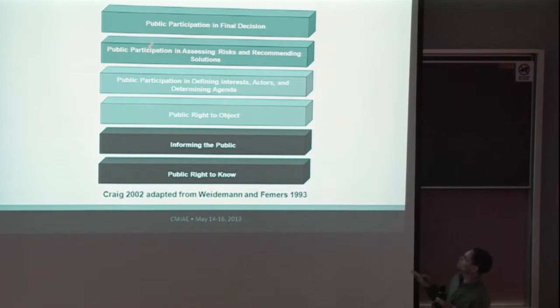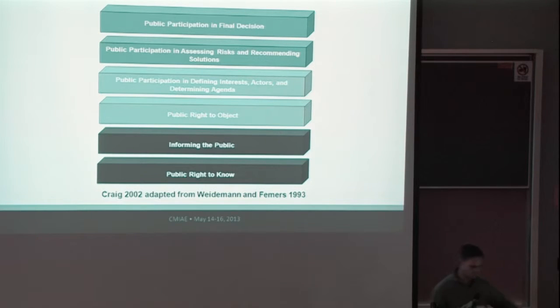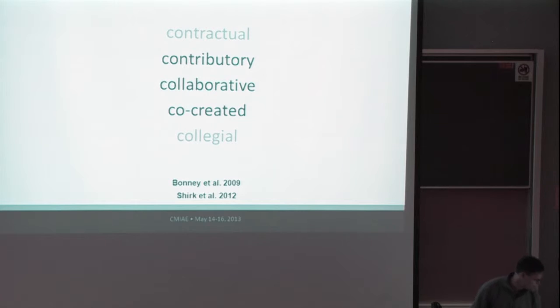So this might be a little bit more level of involvement. And then furthermore, they might be involved in assessing risk, recommending solutions, and making final decisions. So this was some initial thinking on what it looks like with the public participating in decision making. More recently, Rick Bonney and others at the Cornell Lab of Ornithology in Ithaca, New York, came up with a model where they talked about contributory projects, where you have your volunteers or your actors collecting data, and that's their role.